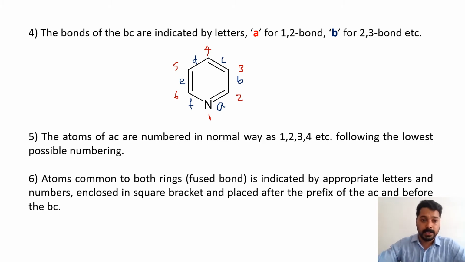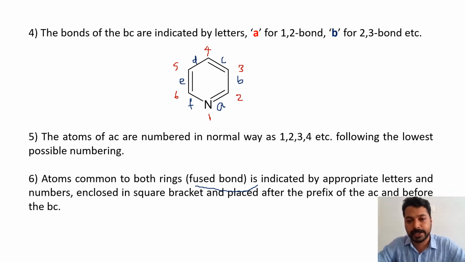Now the next point regarding the fusion nomenclature system: the atoms common to both the rings, that is the fused bond, are indicated by appropriate letters and numbers for the attached component and base component in a square bracket.